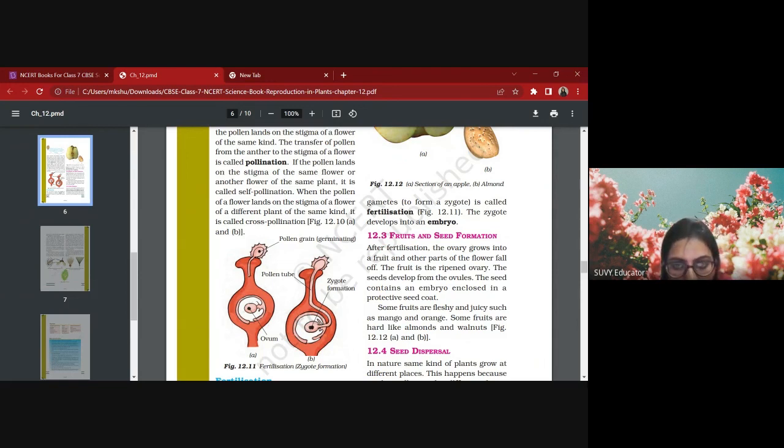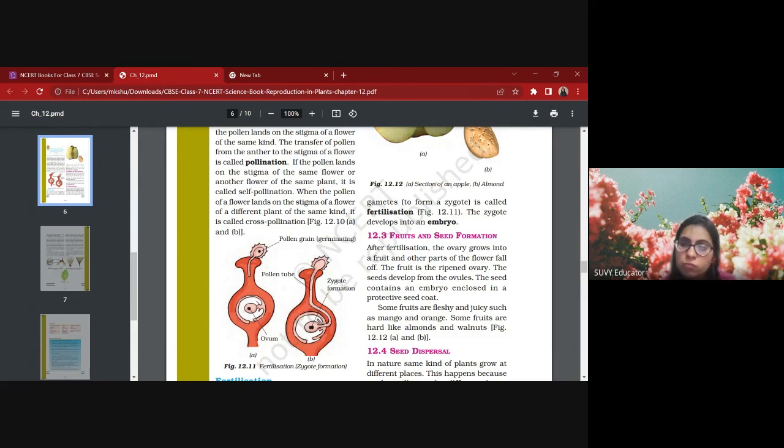Then you need some carrier. Maybe you can go with the cycle, or maybe you go with your parents in a car. In the same way, cross-pollination will occur with a medium, with agents.